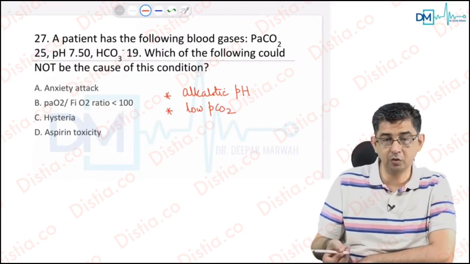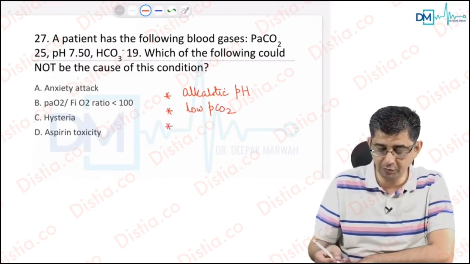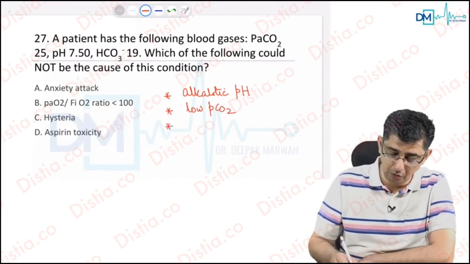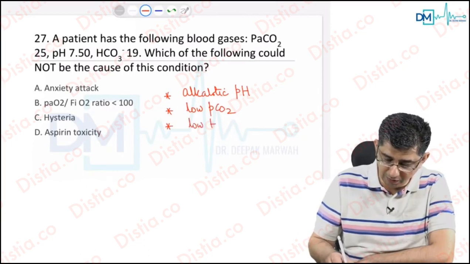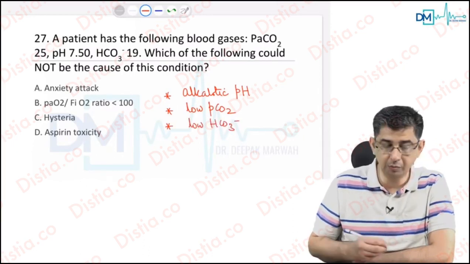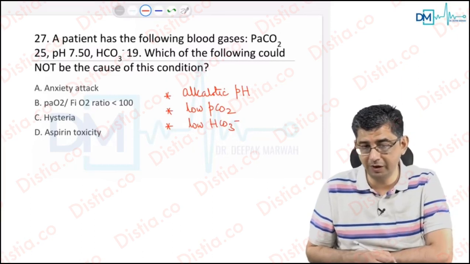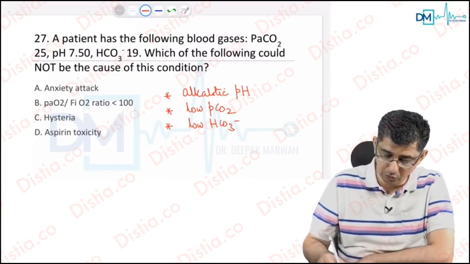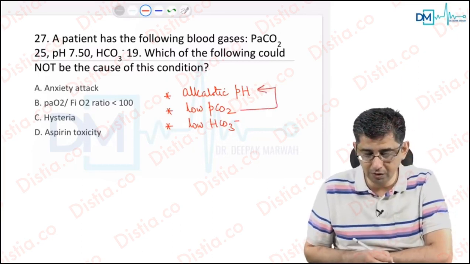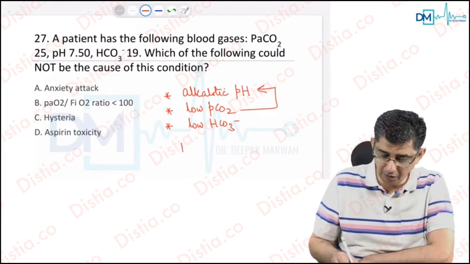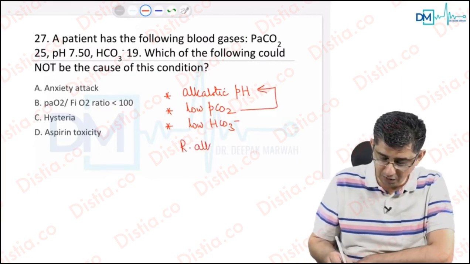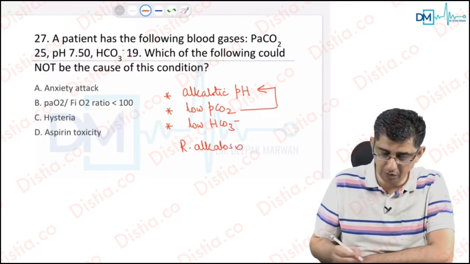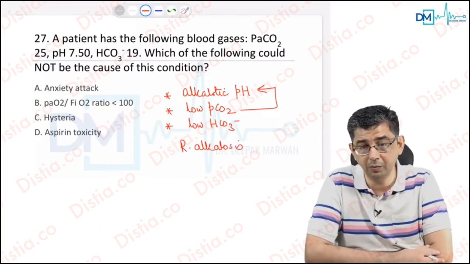So, one etiology that could explain this is that he could be having a respiratory alkalosis. Low bicarbonate cannot explain the alkalotic pH of the patient because low bicarbonate causes metabolic acidosis. So, the main problem in this guy is a respiratory alkalosis, which is causing a carbon dioxide washout from the body, and therefore an alkalotic pH developing in the patient.